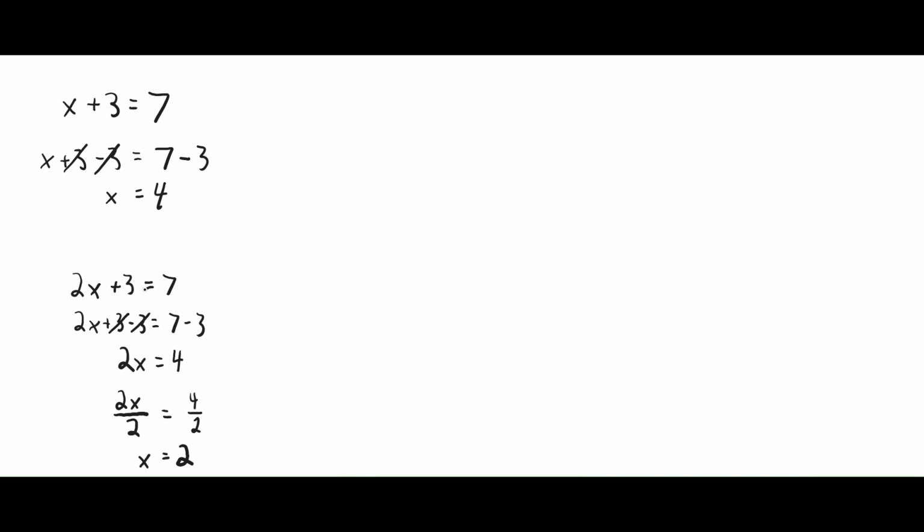Okay, one more slightly different situation I'd like to describe is how about if we add 3 to the number and then multiply by 2? How would we solve for x then? So in this case, we add 3 to the number and then multiply by 2.